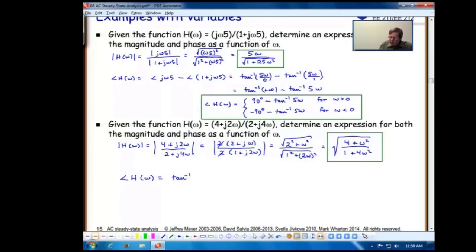For the numerator, imaginary part is omega, the real part is 2, and then we're going to subtract the phase of the denominator, so that's inverse tangent of imaginary 2 omega divided by real, and that's the angle part.